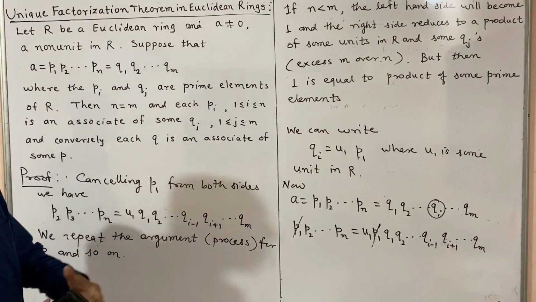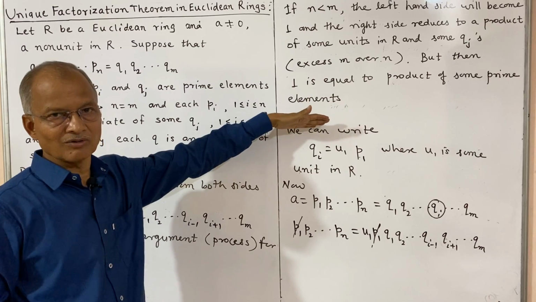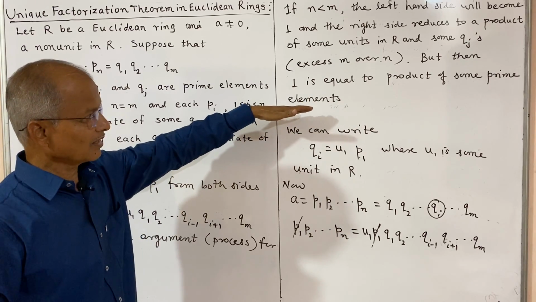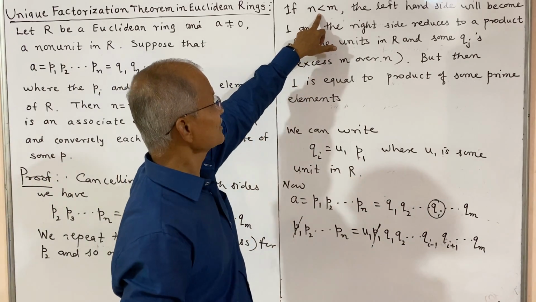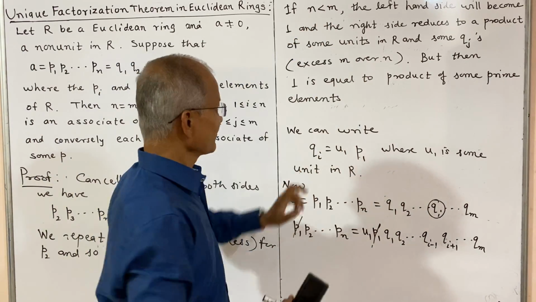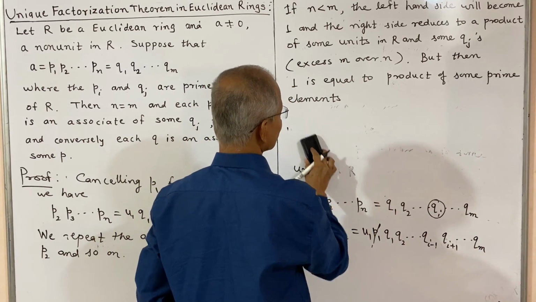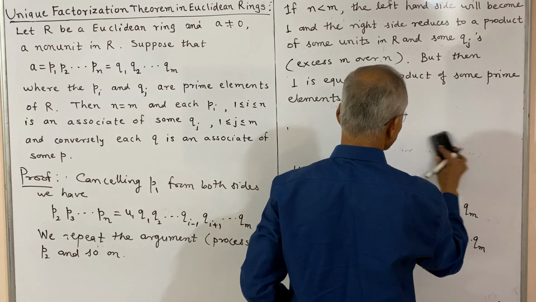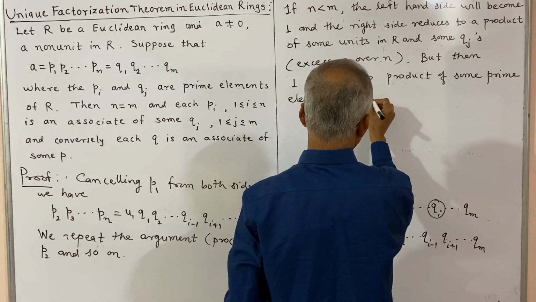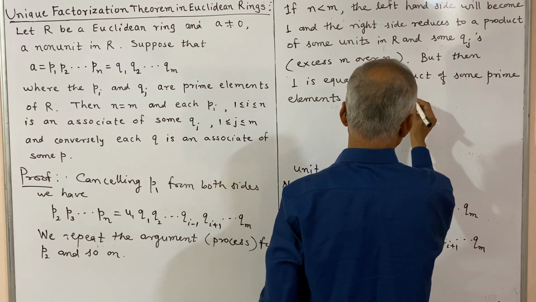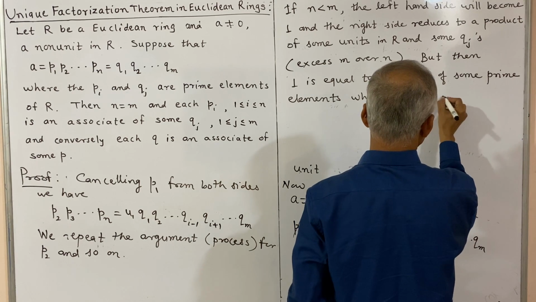A product of prime elements cannot be 1, because a prime is a non-unit, and therefore its product cannot be equal to 1. That means this supposition is wrong, which is not possible, or which is a contradiction.